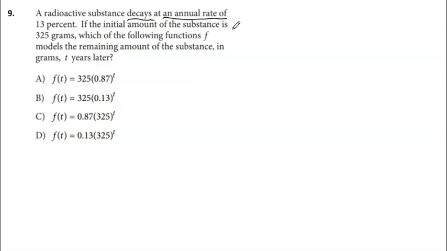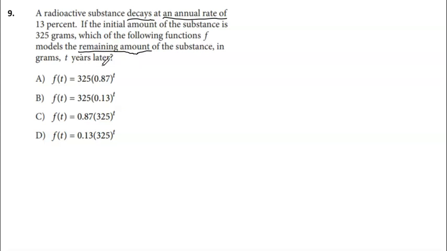If the initial amount of the substance is 325 grams, which of the following functions F models the remaining amount? Remember, this is the key: the remaining amount of the substance in grams T years later.